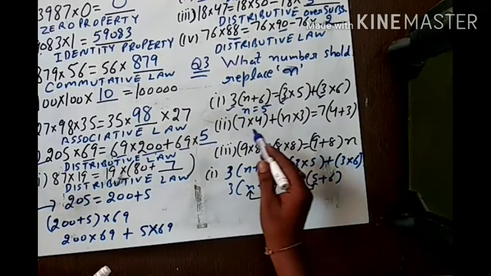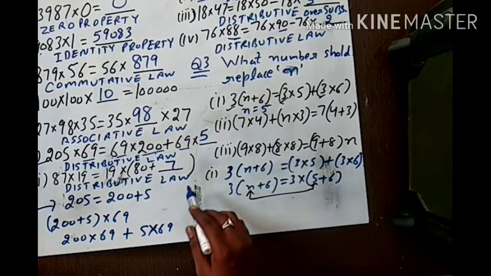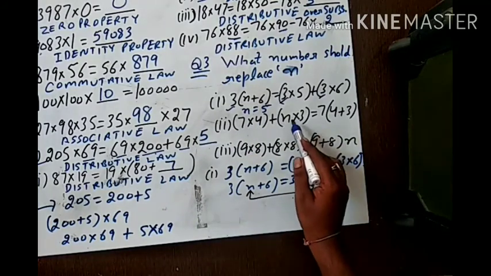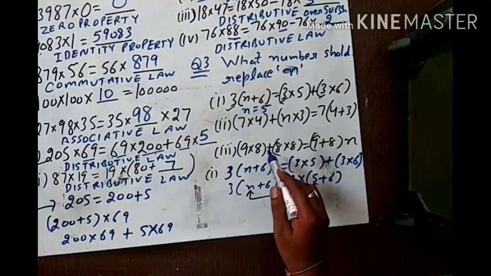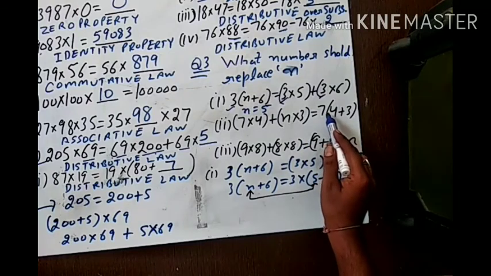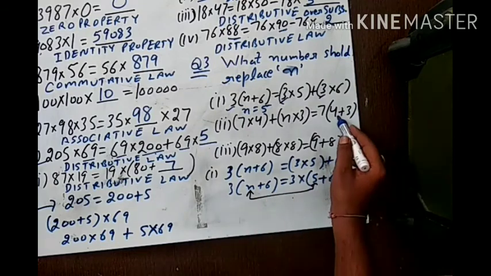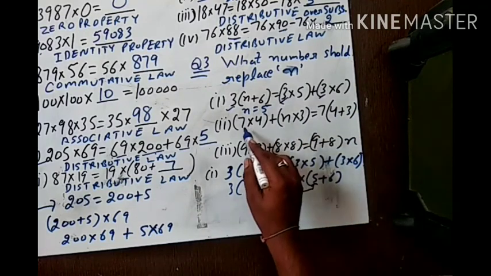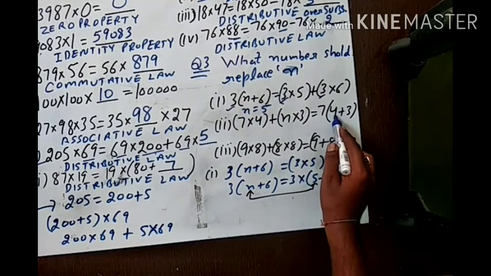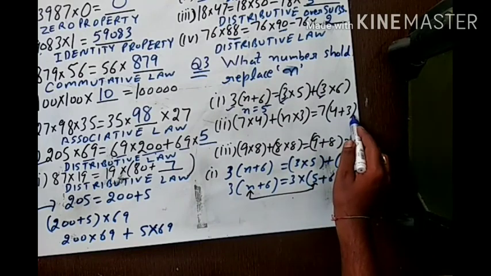After that, question number second. 7 multiply 4 plus n multiply 3 is equal to 7 multiply 4 plus 3. Here you will see 7 is multiplied with 4 and 7 is multiplied with 3.